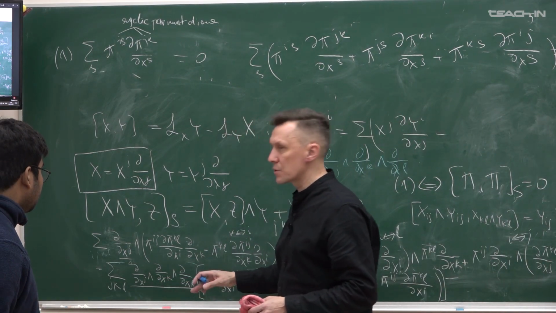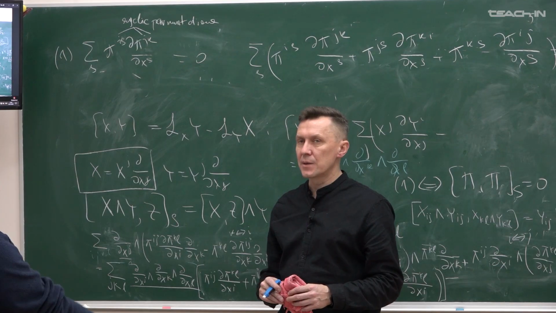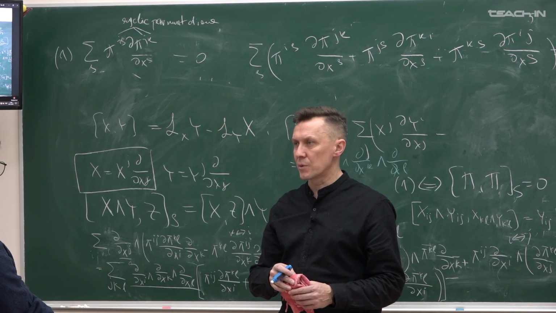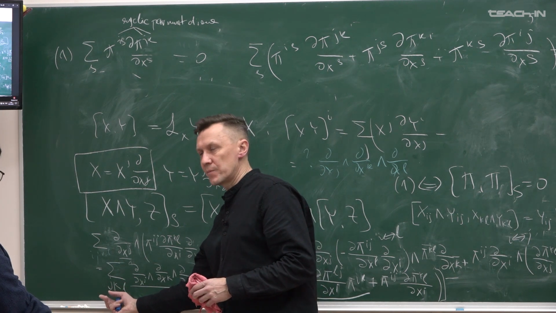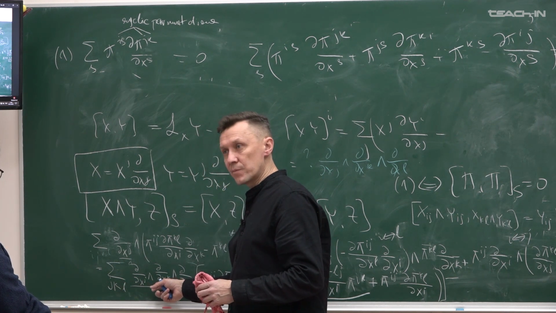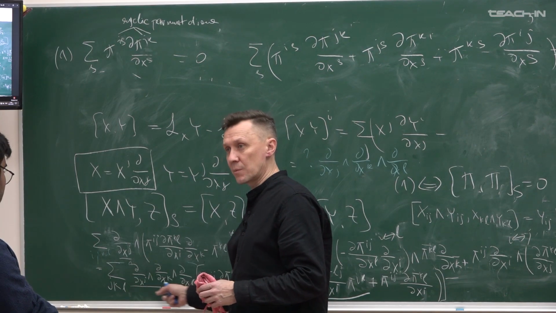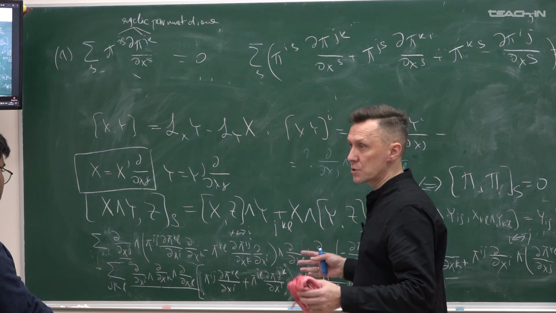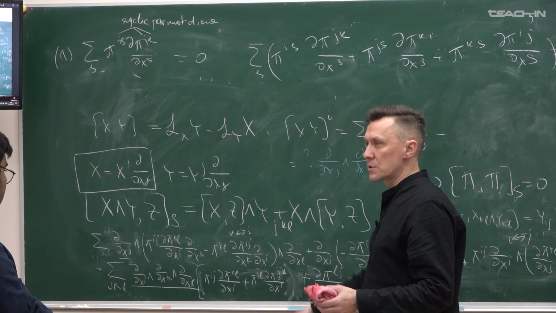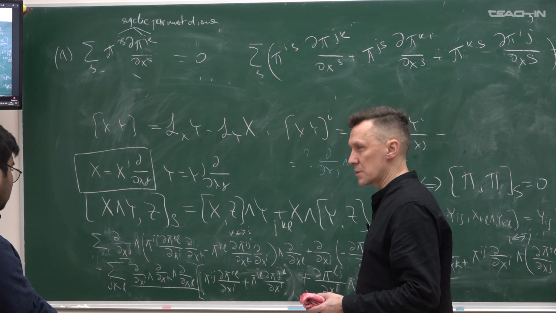There is another thing to understand, but you have to remember what the wedge product is. It is skew-symmetrization, you remember? So if you change indices here, it appears with the same object here, the same skew-symmetric tensor. But here you have to change all indices.